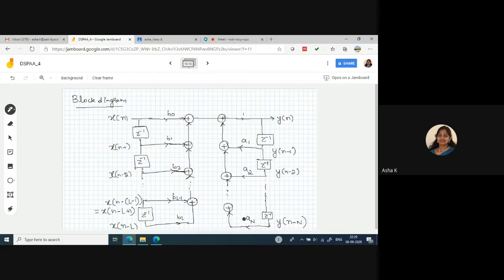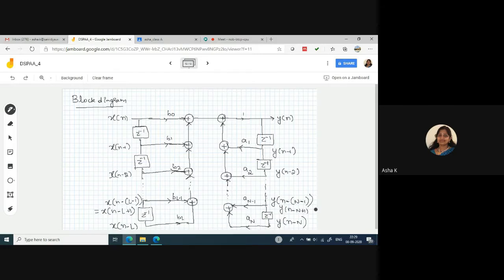So this is added here, multiplied here, and it is added here. Above this, we'll be having a suffix capital N minus 1, and the delay that we will be having here is y of n minus of N minus 1. So if I simplify here, y of n minus N plus 1 is the simplification.